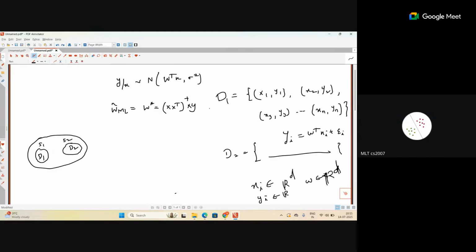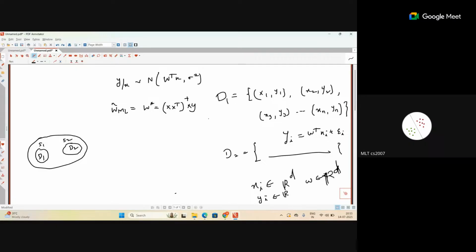Why? Is it the bias-variance trade-off? We haven't talked about that yet. What do you think? It will be different now, because only some data is common and other data are different. But what we are saying is that W hat ML is a random variable.